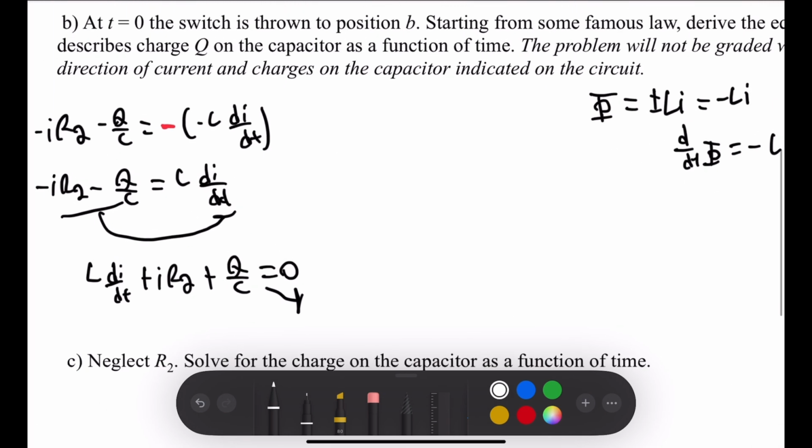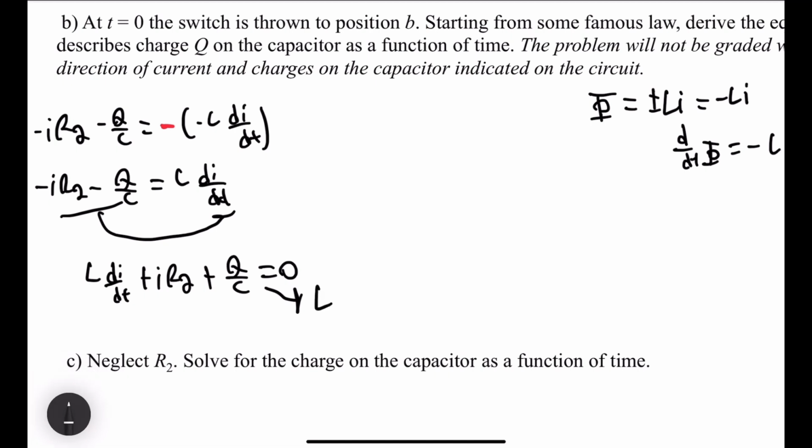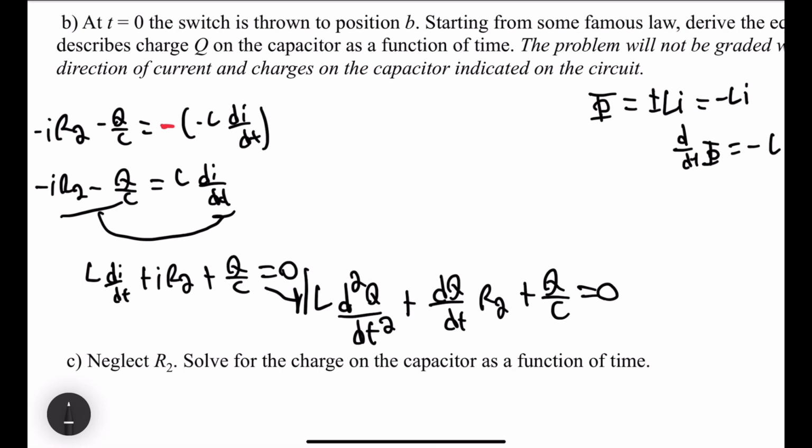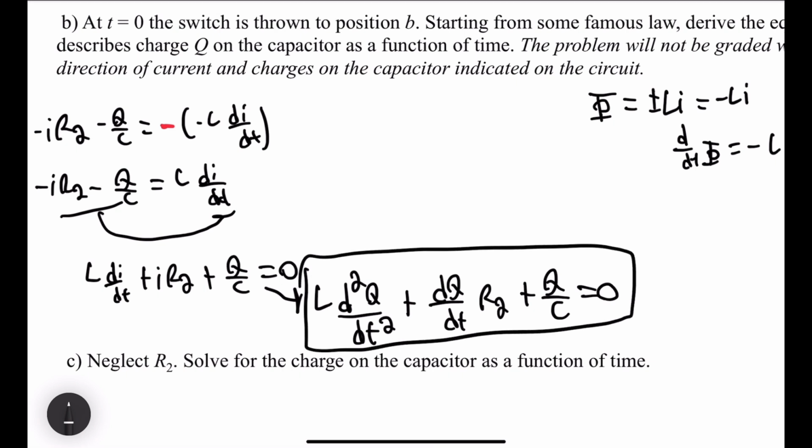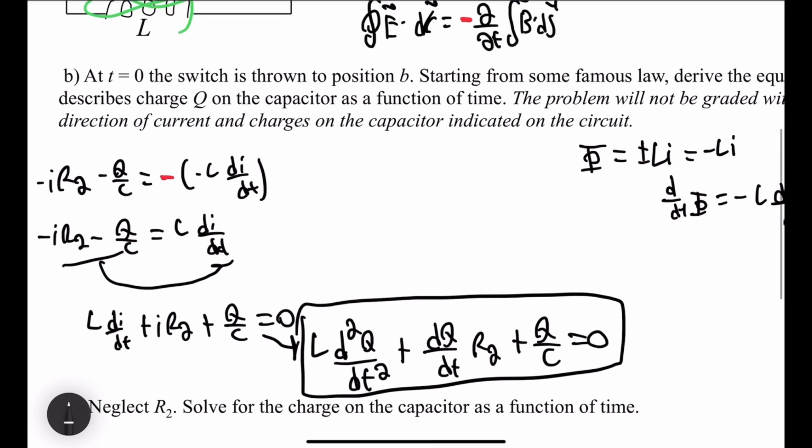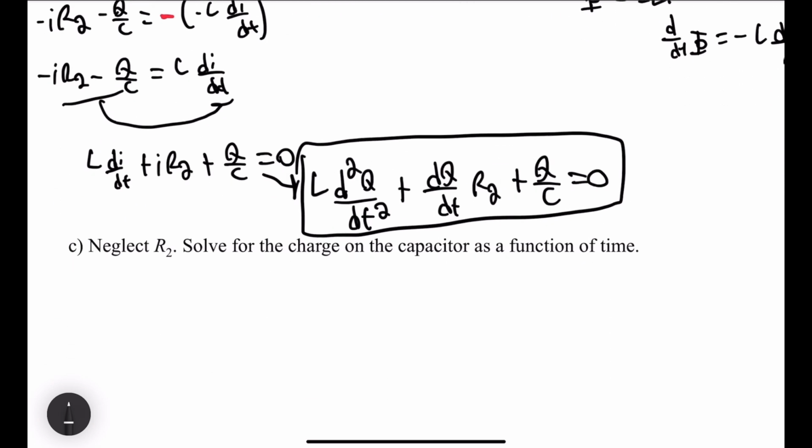So the final version of this is going to be L d squared q/dt squared plus dq/dt times R2 plus Q over C is equal to 0. We can't really solve this easily, so that's why I just wanted us to find the equation.